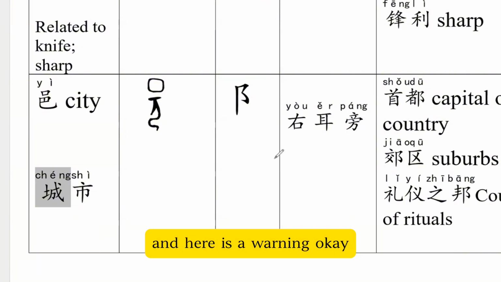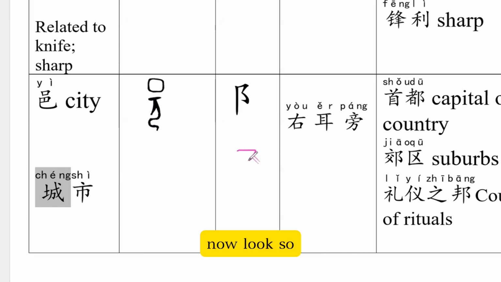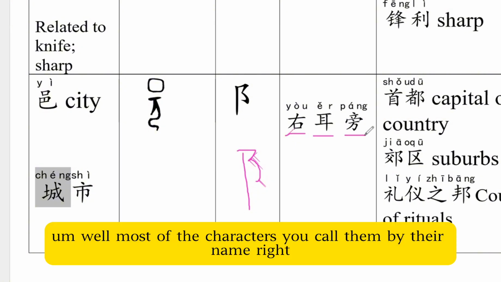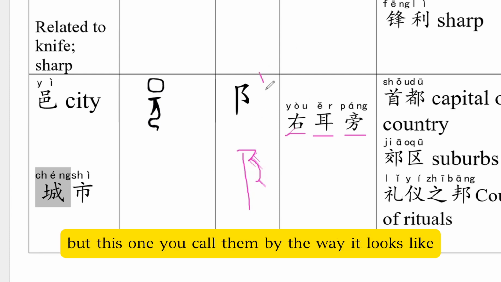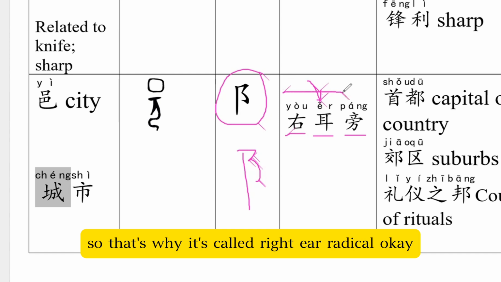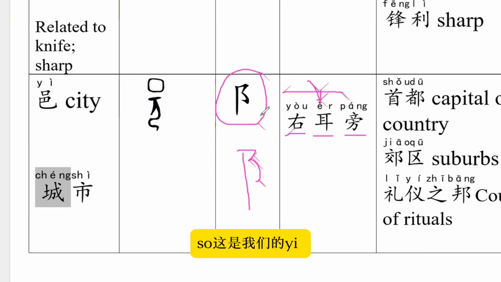And here is a warning, okay? Now look. So this is how you write it, okay? And it's called 右耳旁. Well, most of the characters, you call them by their name, right? But this one, you call them by the way it looks like. It looks like your ears. Also your right ear. Okay, so that's why it's called right ear radical. Okay, so 这是我们的耳朵 radical.